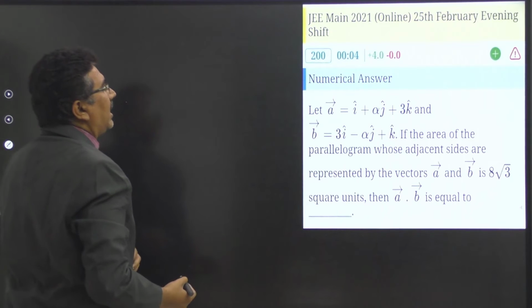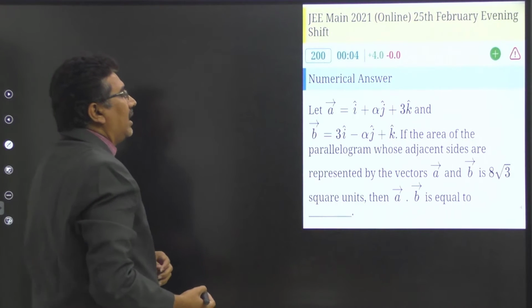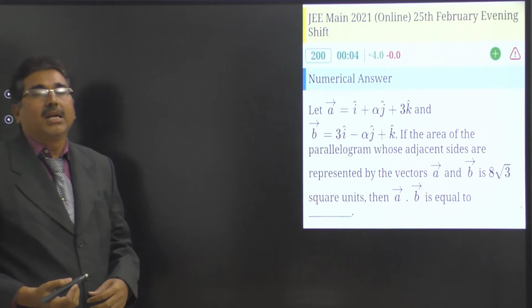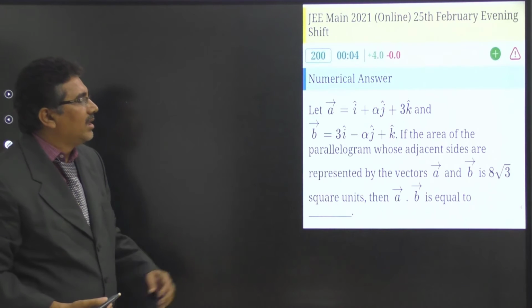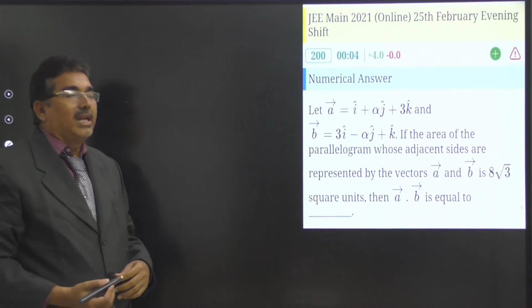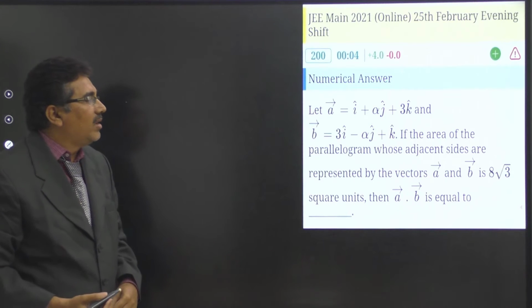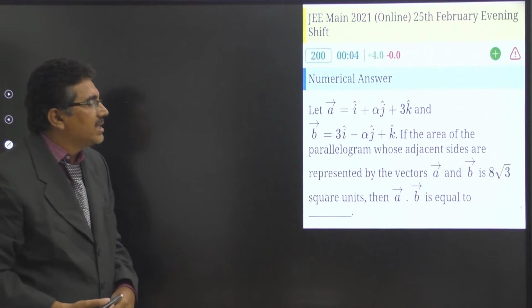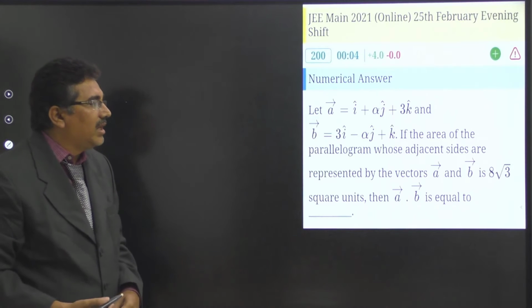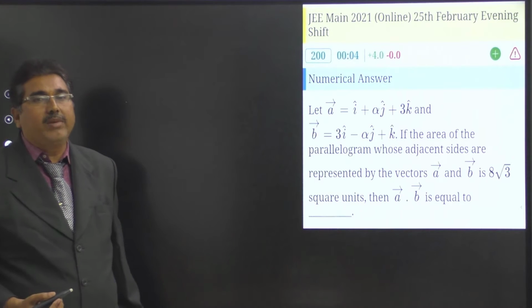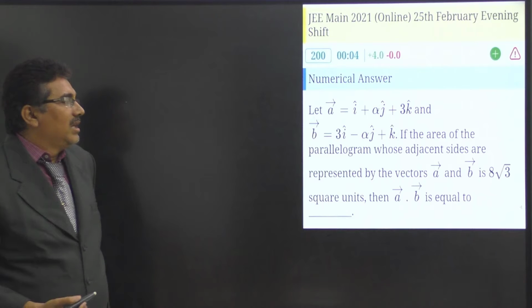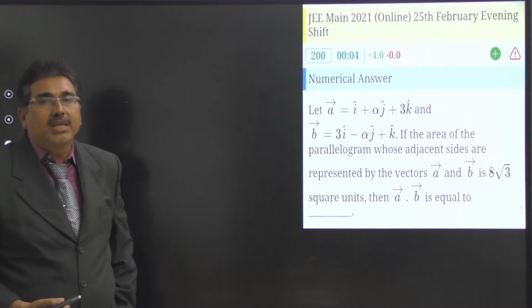Now, let us see another question. Let a bar, b bar be two vectors, and the area of the parallelogram whose adjacent sides are represented by the vectors a bar and b bar. This is also a direct question.